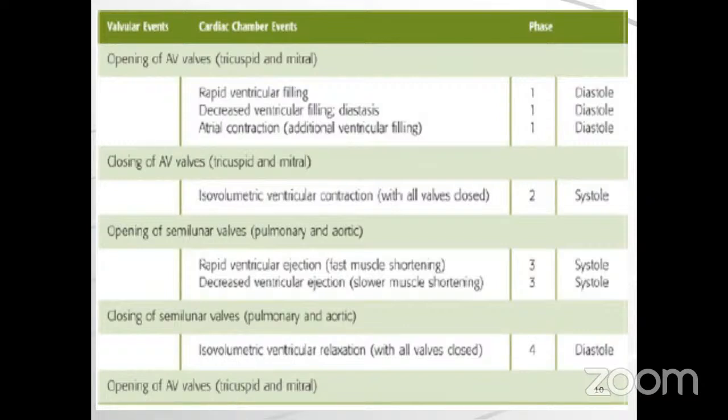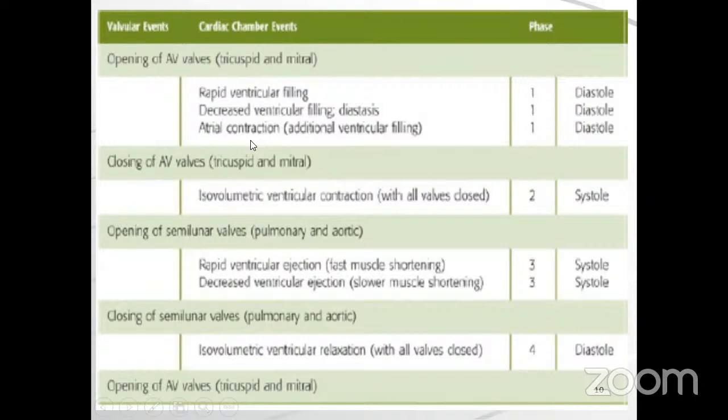First, the blood gushes from the atrium to the ventricle, which is known as rapid ventricular filling. Then the blood slowly enters, which is known as decreased ventricular filling. After that, atrial contraction happens. Before atrial contraction itself, because of the opening of the valve, the ventricle starts filling up.